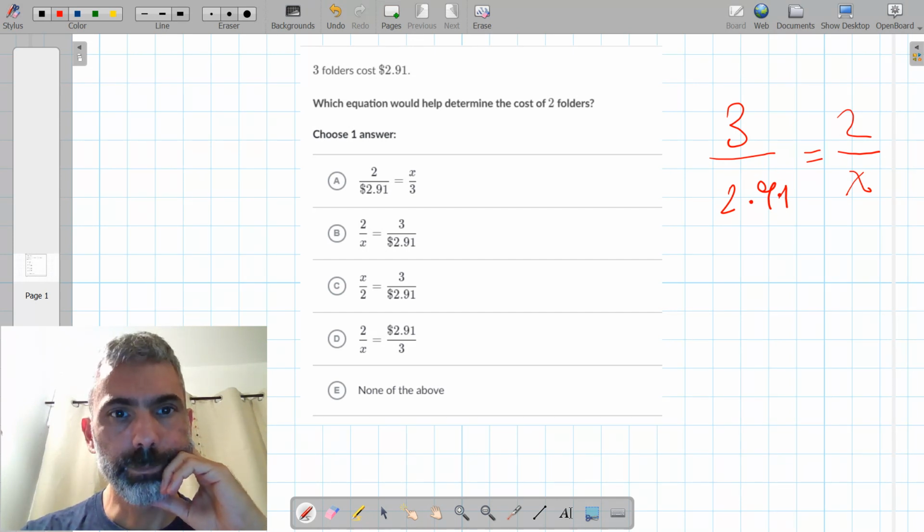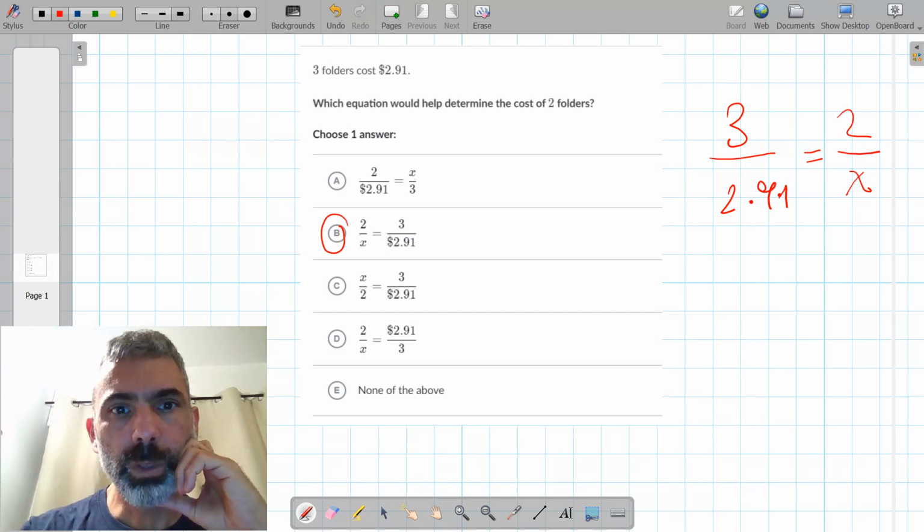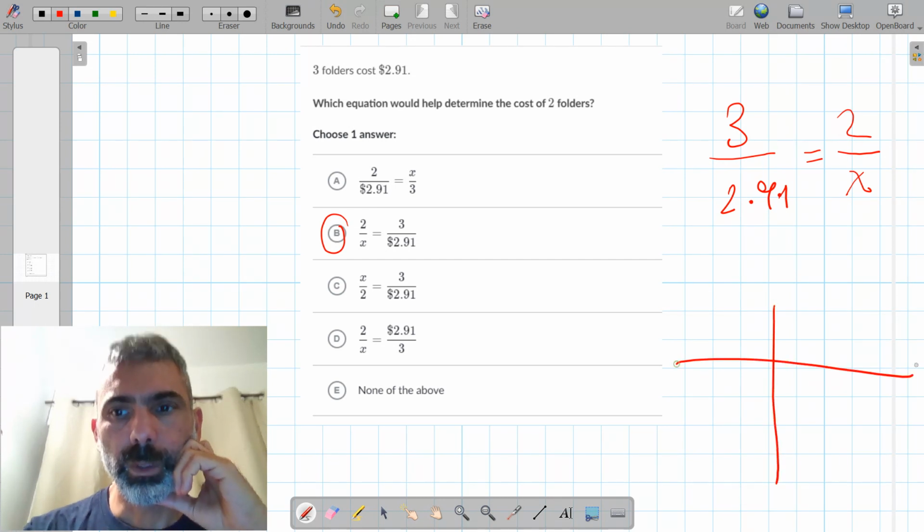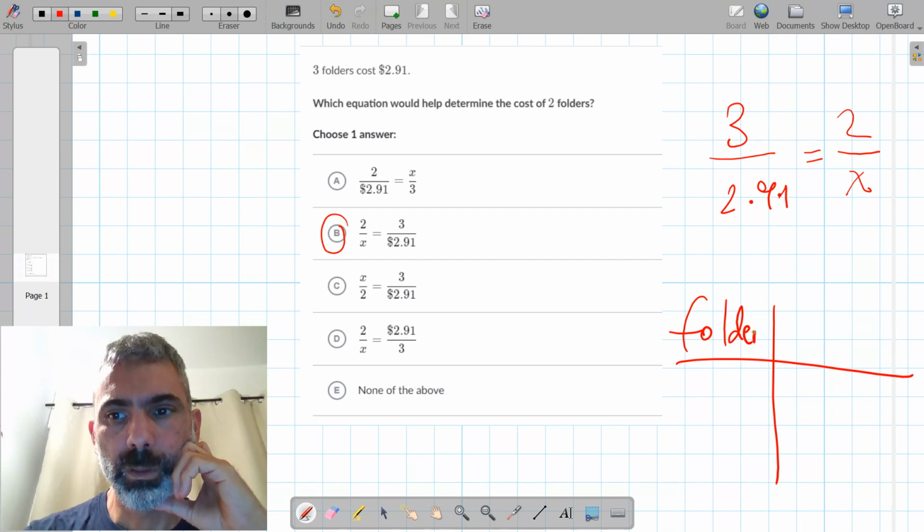Let's see if I have something like this. 2 over X equals, okay, choose one answer. Folders and cost.